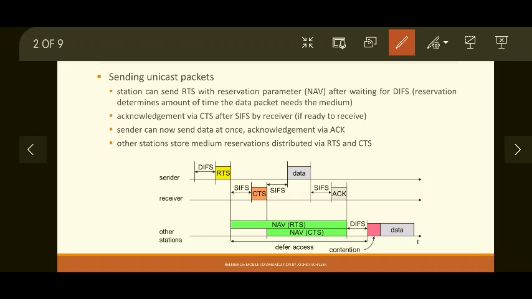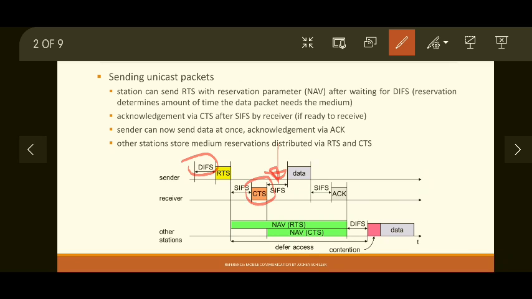So after sending the acknowledgement by the receiver, which is received by the sender, it again waits for SIFS amount of time. Why SIFS? Previously it waited for DIFS, now it is waiting for SIFS, because DIFS was waiting for accessing the medium. Now SIFS is for waiting after receiving a control packet CTS.